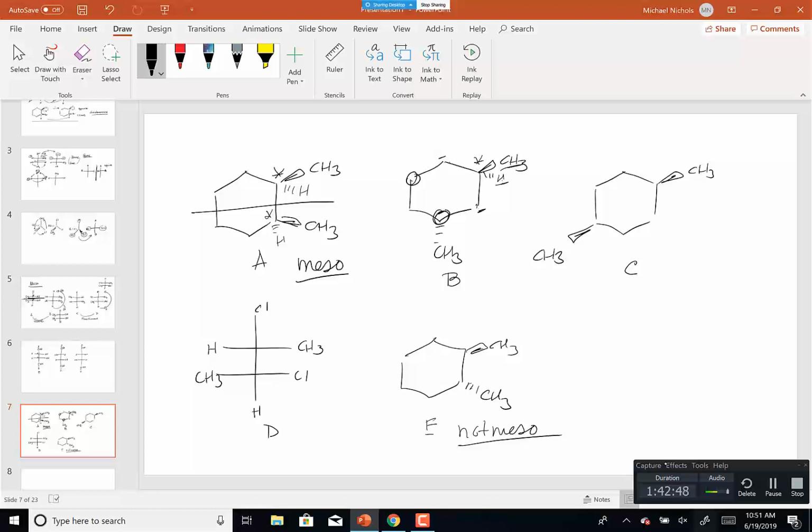Chiral centers? So if we're looking, we've got a methyl and hydrogen, then we go CH2, CH2, CH2, CH2, I end up in the same place. So is this a chiral center?